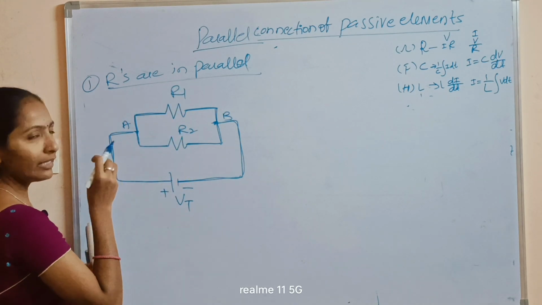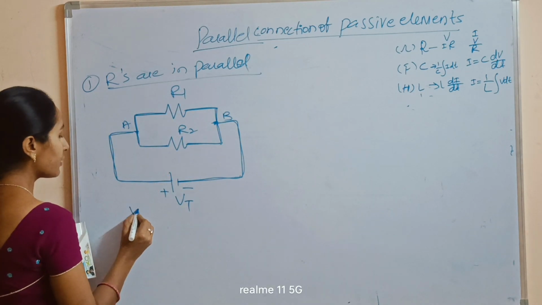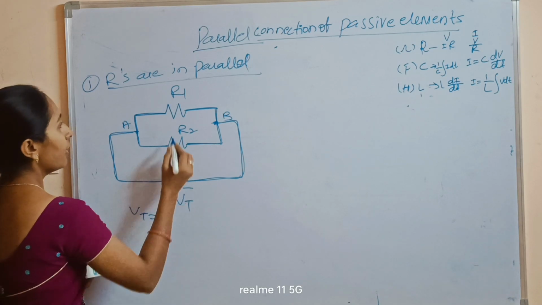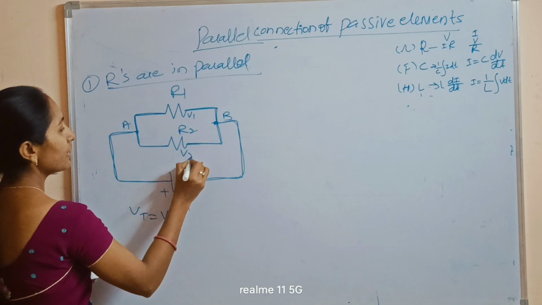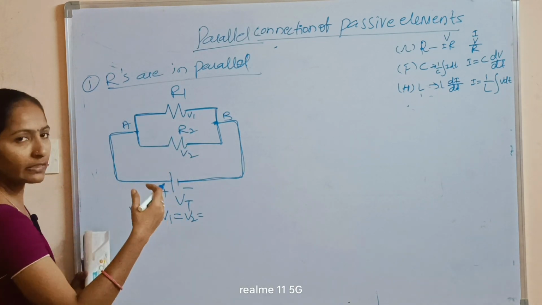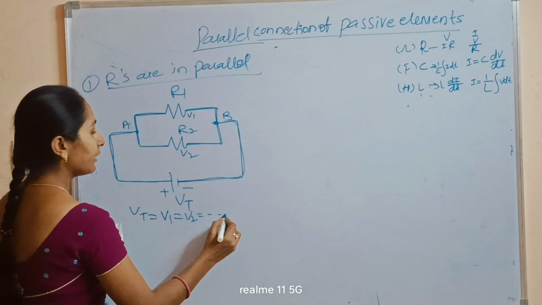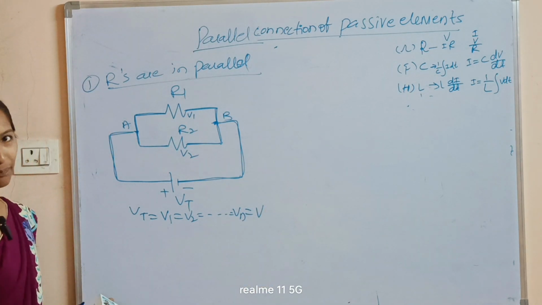So all are in the same consideration. For parallel connection, V total equals V1 across R1, V2 across R2; V1 equals V2 equals, if n elements are connected in parallel, Vn, which is equal to V only.